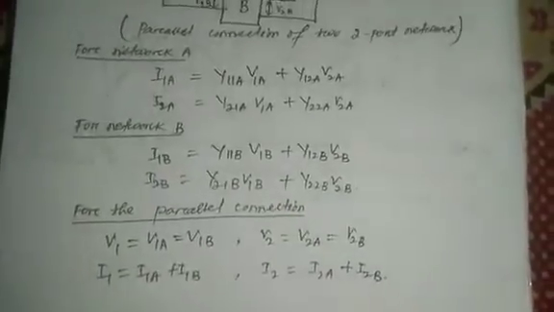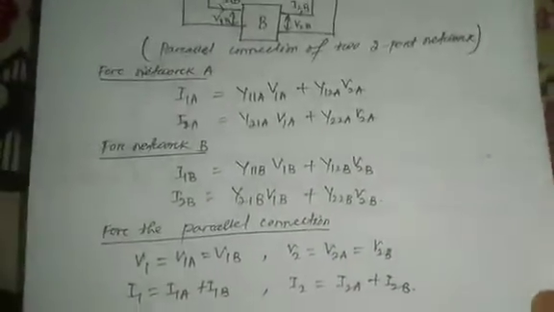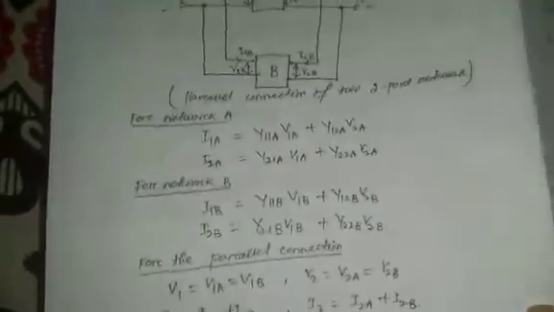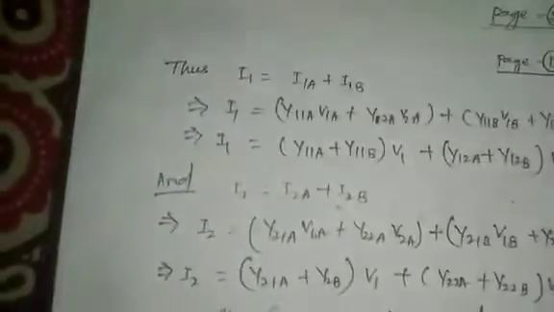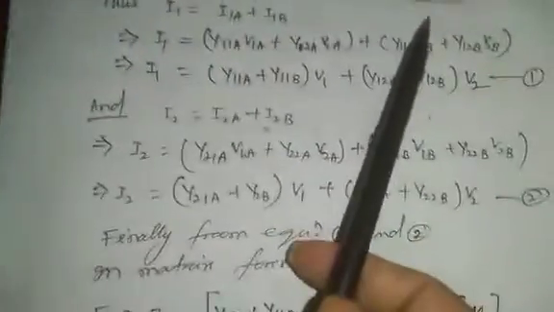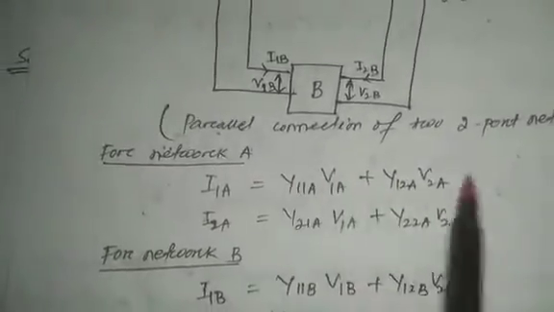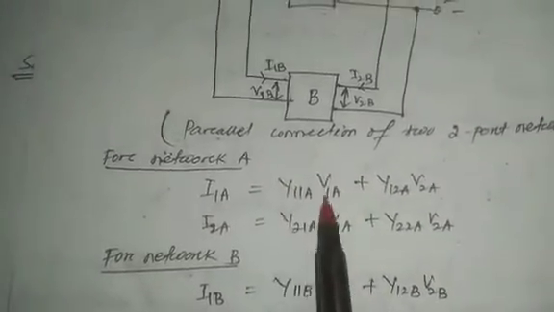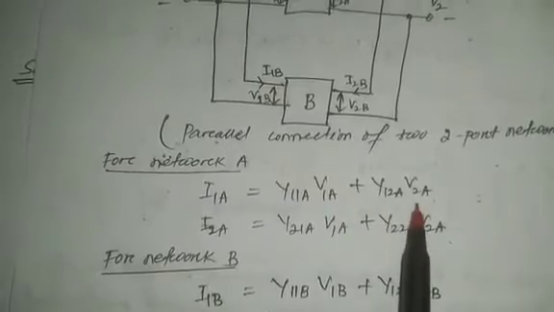Now see this combination next. We already discussed that I1 is equal to I1A plus I1B. In place of I1A, you write down the equation on the right hand side. What is the equation for I1A? We already wrote this equation: y11A V1A plus y12A V2A.